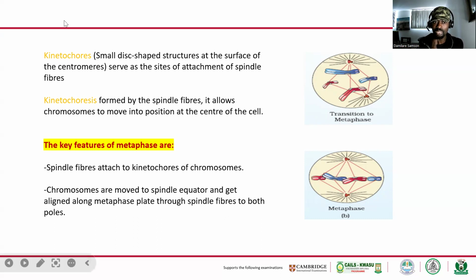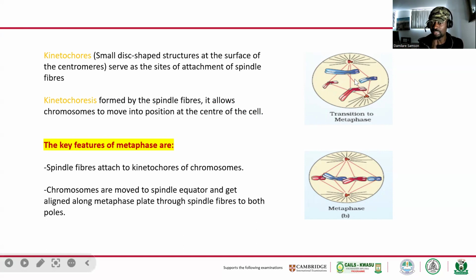Now, the kinetochore is formed by the spindle fibers. It allows the chromosome to move into position at the center of the cell.